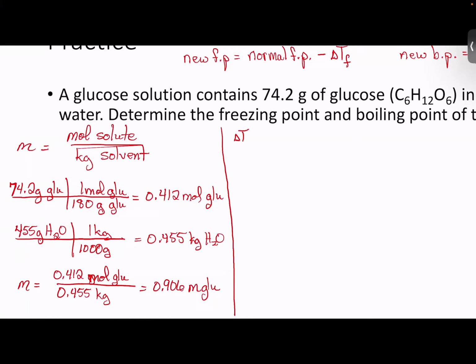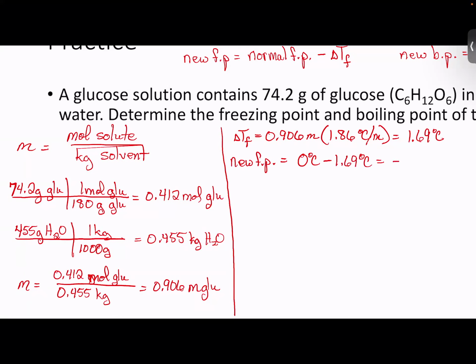Delta TF is going to equal 0.906 molal times 1.86 degrees Celsius per molal. Again, that came from the table on the previous page. So that's 1.69 degrees Celsius. My new freezing point is going to equal 0 degrees Celsius minus 1.69 degrees Celsius, or in other words, a negative 1.69 degrees Celsius.